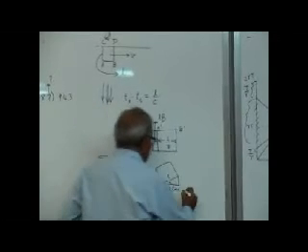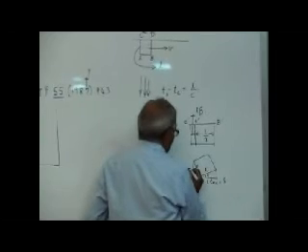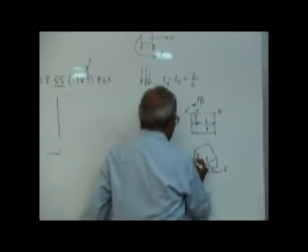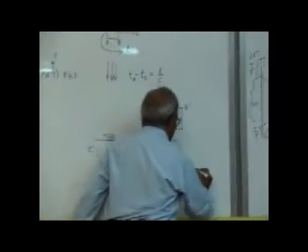What is L cos alpha? It will be L into 1 minus beta square to the power half. So that is nothing but L by gamma.